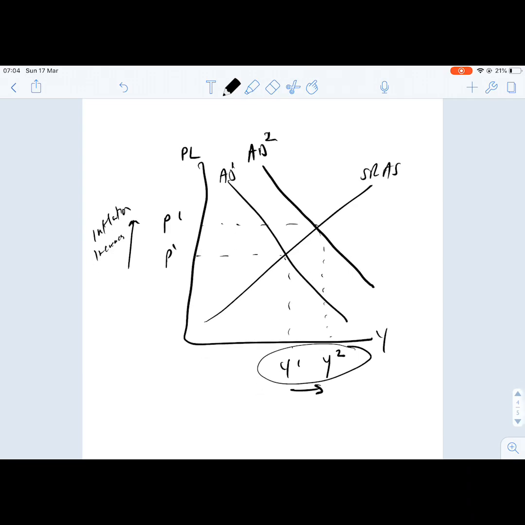Therefore, they need more people to produce those products. So employment increases also from Y1 to Y2, and unemployment decreases. So this means that people have more money and they're going to demand more products because they've got more disposable income. And then the demand for firms' products will increase. Firms will exploit this by increasing their selling price, and hence we get inflation.